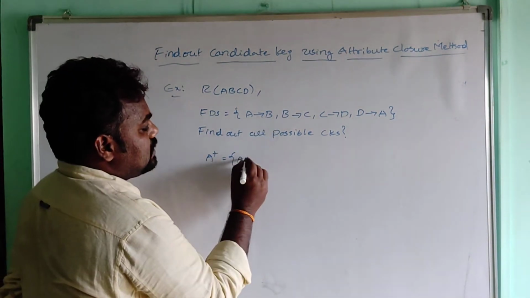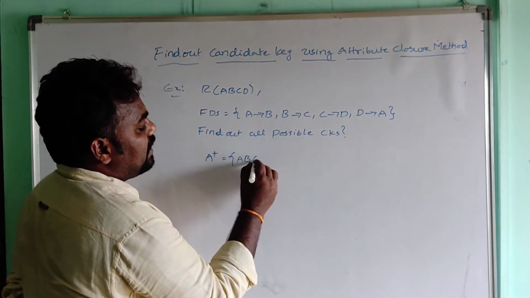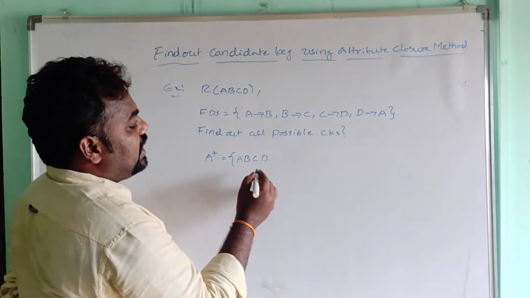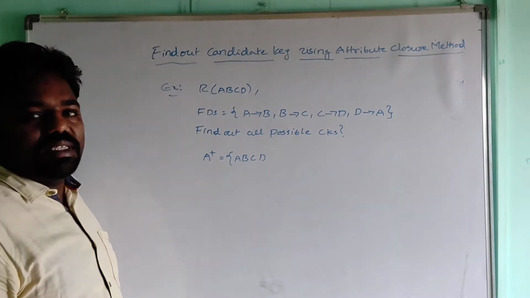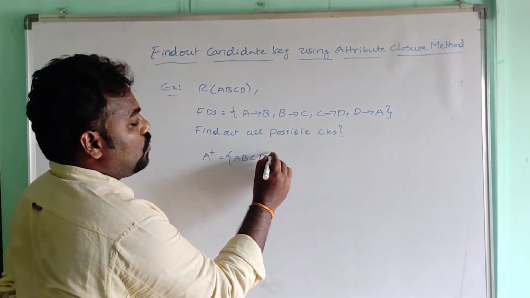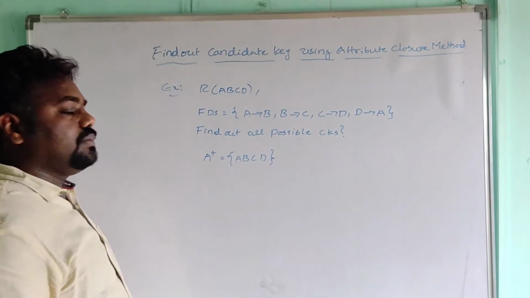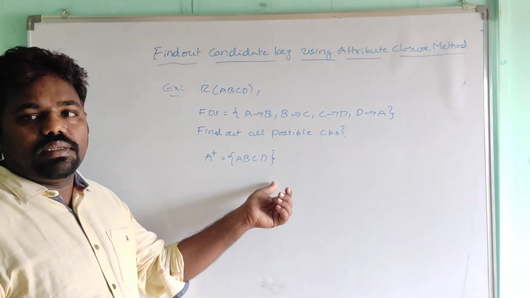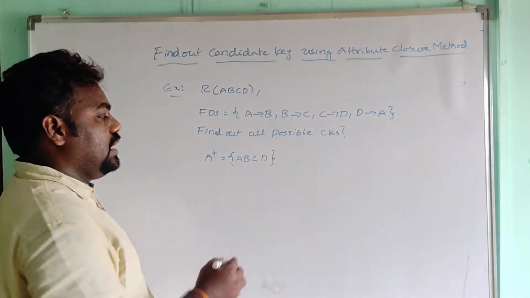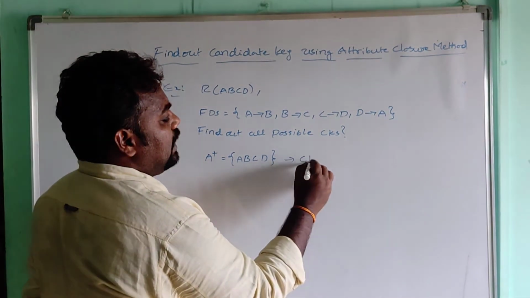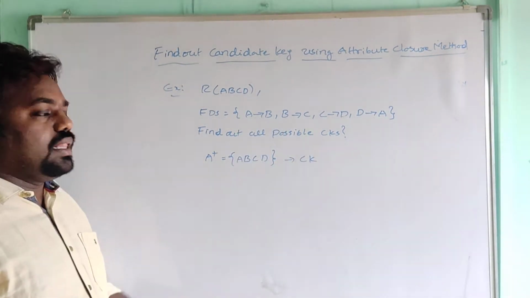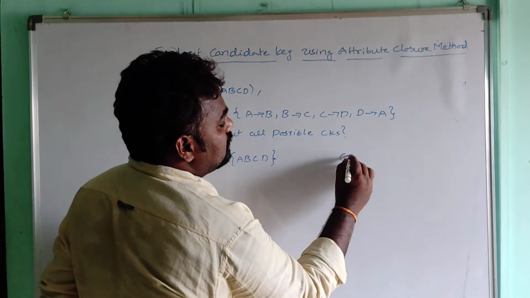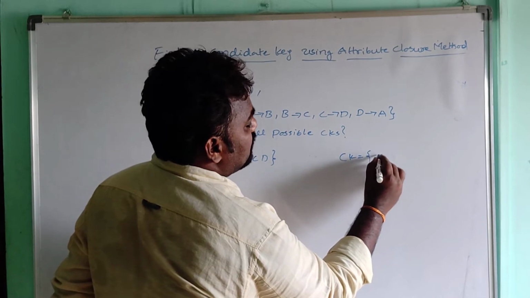Then A determines D, B determines C, C determines D, and D also determines A. A is already present in the closure set. Then here the closure of A can determine all the elements. Here this is a candidate key. The first candidate key is A.